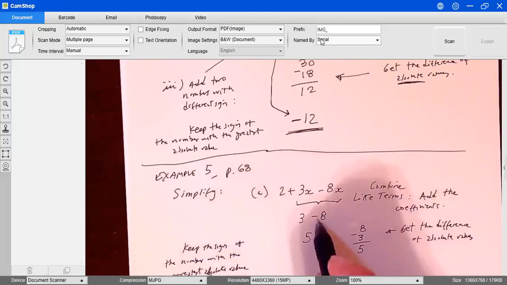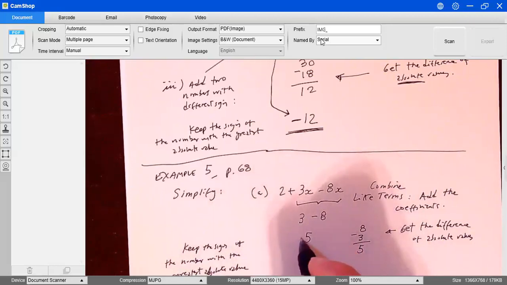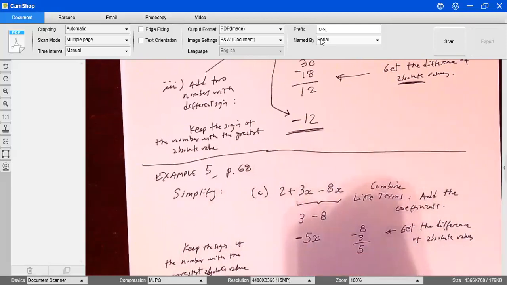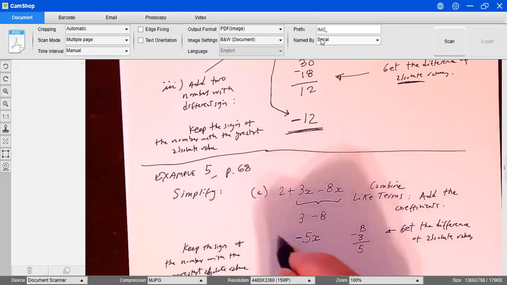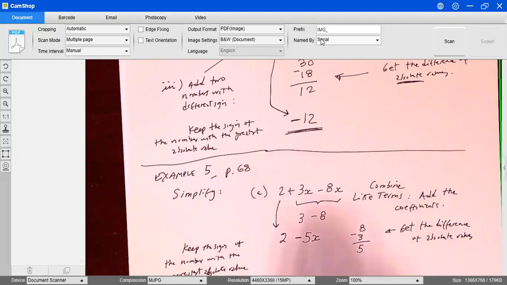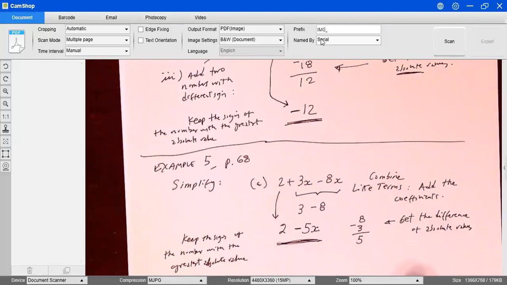So in this case, -8. 8 is the number with the greatest absolute value, and its sign is negative. Finally, we are working with x's. The variable is x, and we just need to write here 2. We don't do anything with this term. So the final answer is just 2 minus 5x. So that's part A.